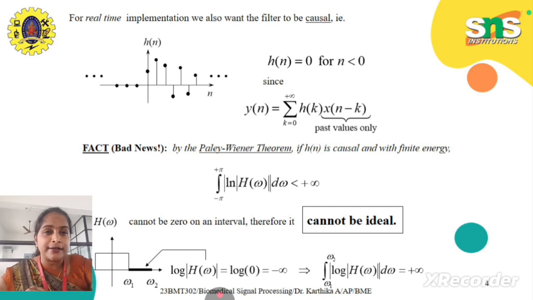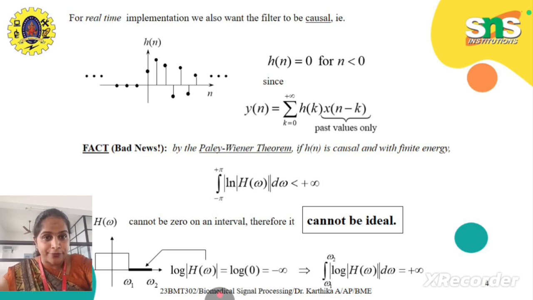See, for real-time implementation, we also want the filter to be causal. See here h of n equal to 0 for n less than 0, but y of n is equal to summation k equal to 0 to infinity h of k x of n minus k, for past values only. Here the fact is, if h of n is causal with finite energy, then the equation becomes integral minus pi to pi ln modulus h of omega d omega less than plus infinity.